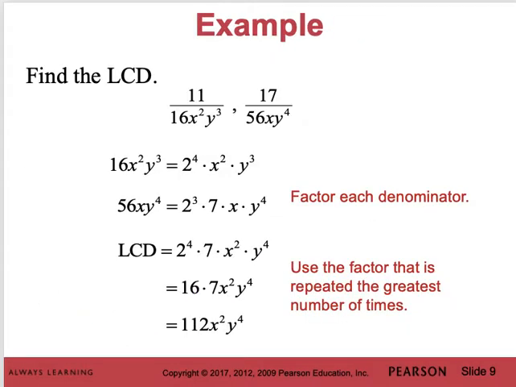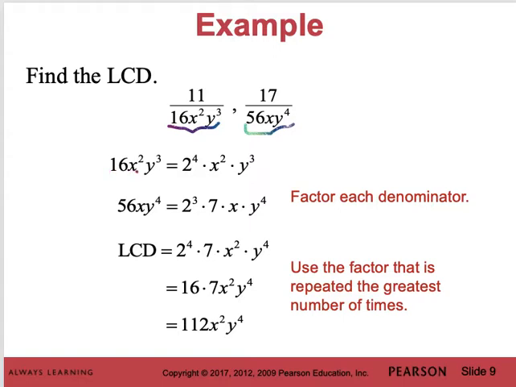So let's look at another example where we're not actually adding or subtracting, we're just finding the least common denominator only. Okay, can I factor this out any further? That would be our first question. Factor both of these out further. So yes, I can, right? How can we do that?